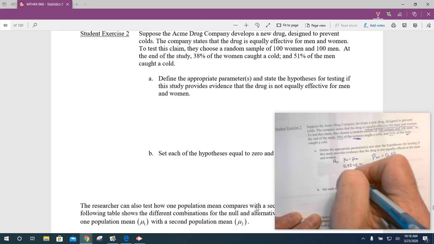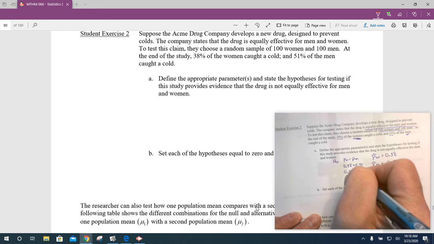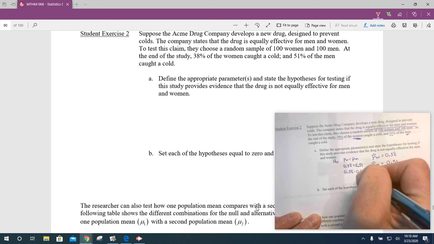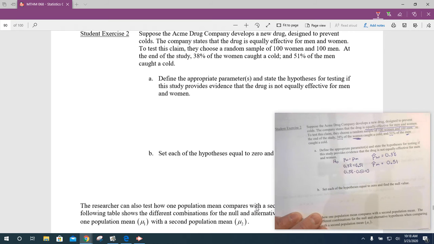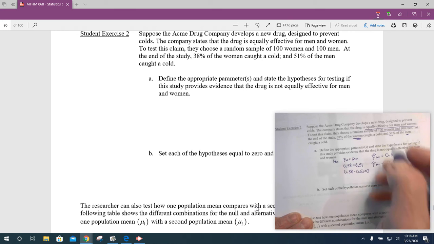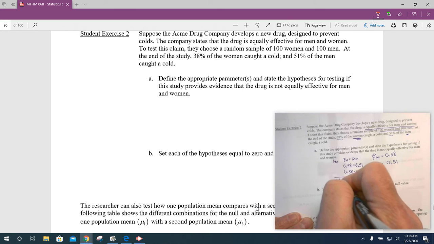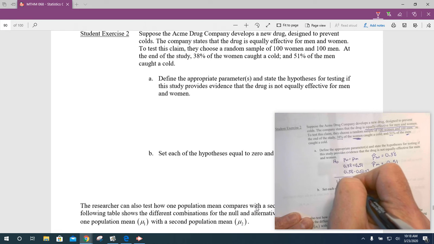And remember, if I manipulate that statement, 0.38 minus 0.51 equals 0. Remember what we're speaking of when we take these assumptions. Remember our H sub A, and right now we're just calculating is all we're doing.